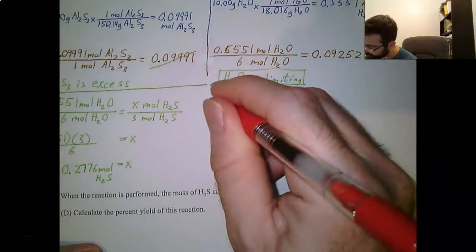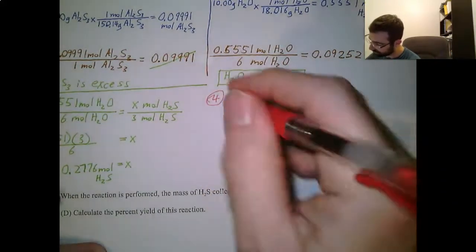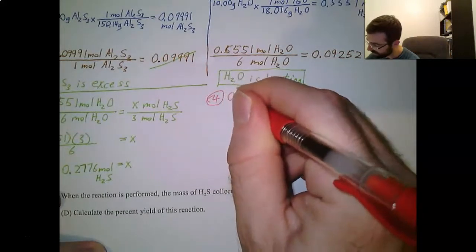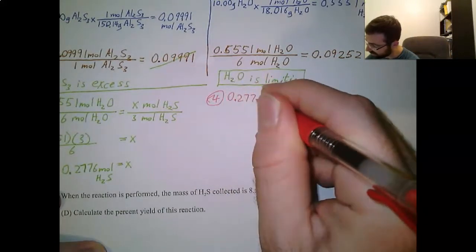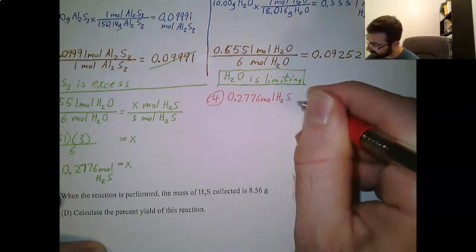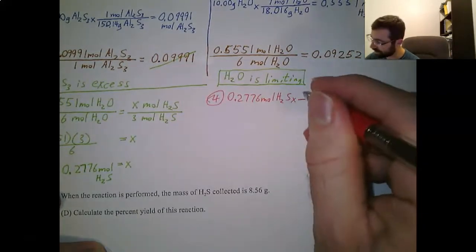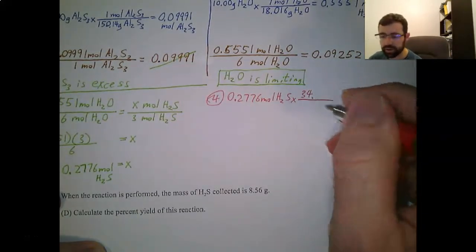Part B is 0.2776 moles of H2S, and we're multiplying by the molar mass, which is 34. You can figure that out from the periodic table.